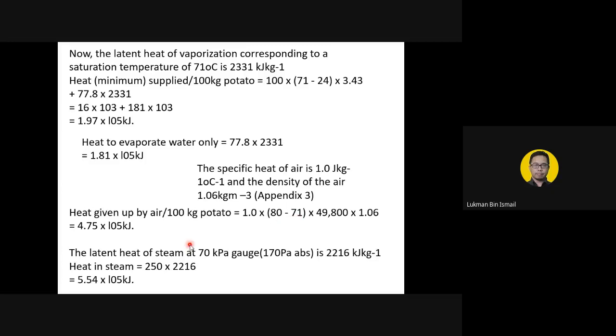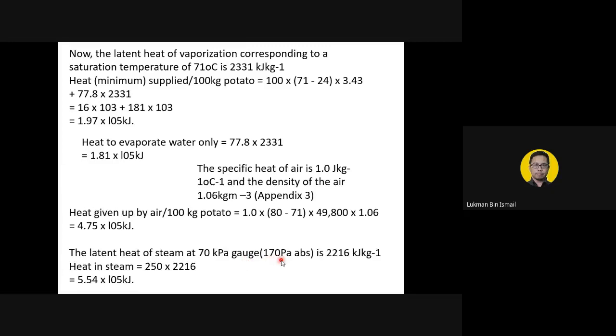The latent heat of steam at 70 kilopascal gauge, the temperature for the operation, and then you have to add atmospheric pressure of 100.